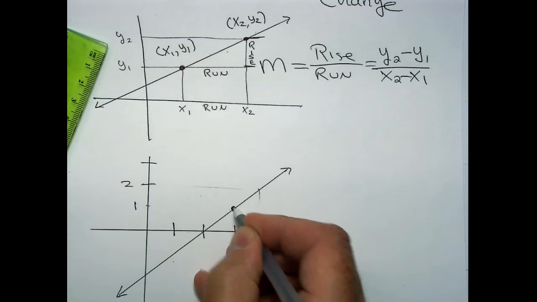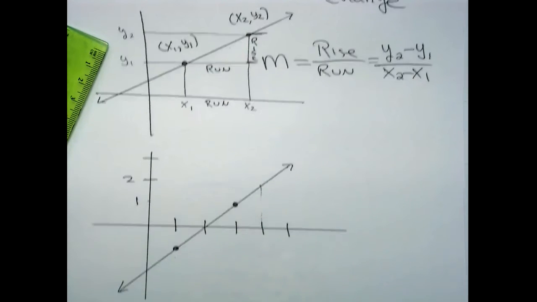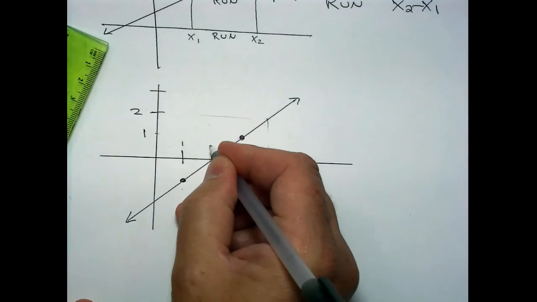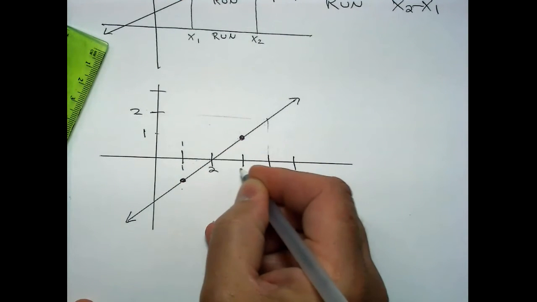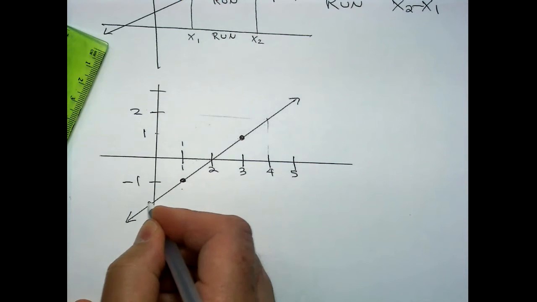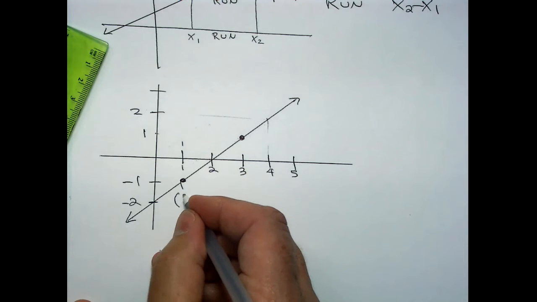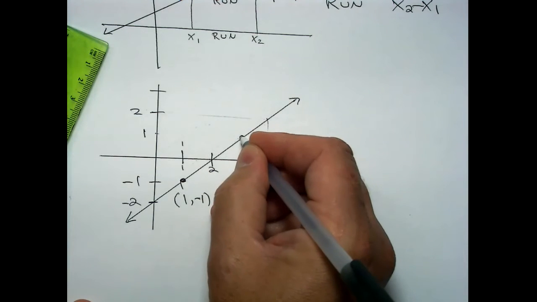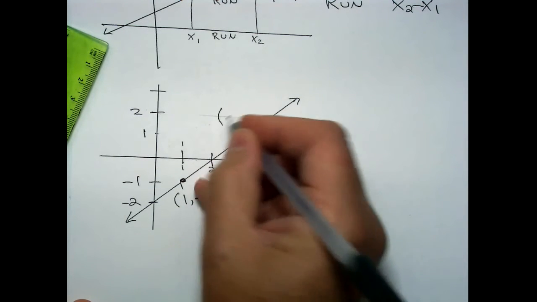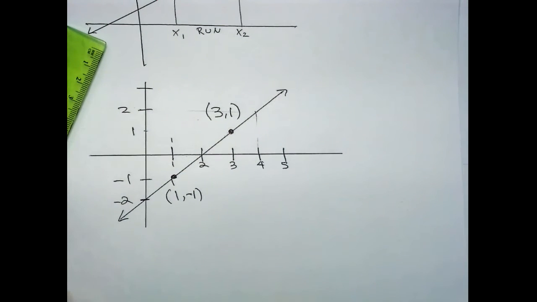Let's do this point here and maybe this point over here. It doesn't matter which 2 points you use. So this point here, x1, y1, is 1, -1. This point up here is looking to be 3, 1, x and y.